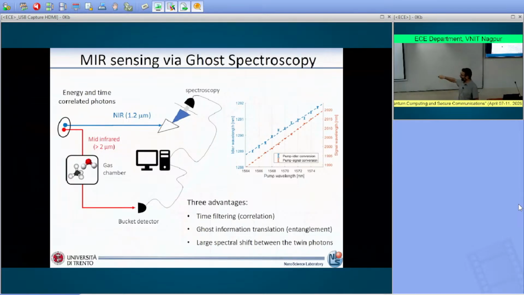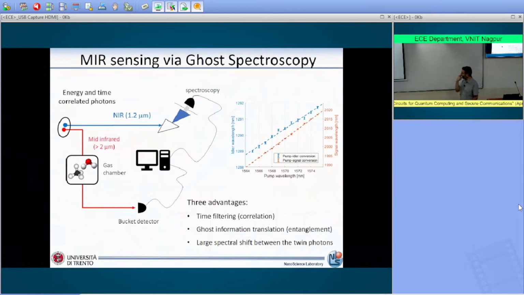The only requirement is that you need to have a detector that is able to count when a mid-infrared photon has been transmitted by your gas. So you use the signal of this bucket detector in order to trigger the measurement of the other photon in the pair.